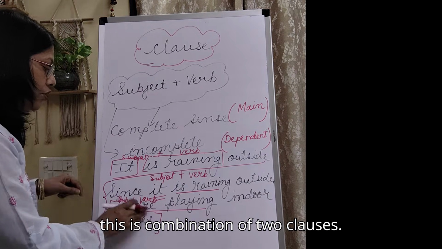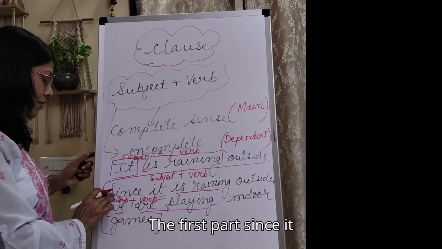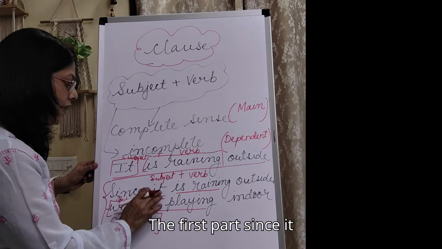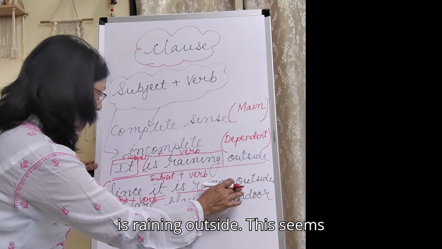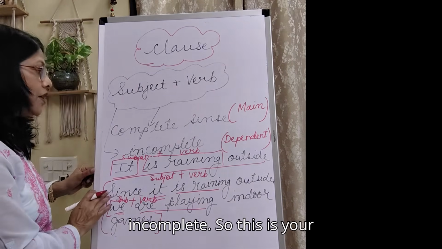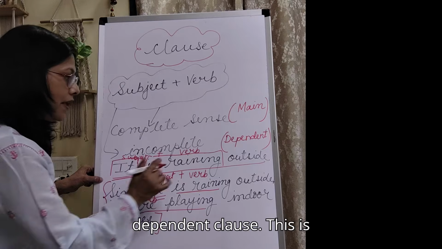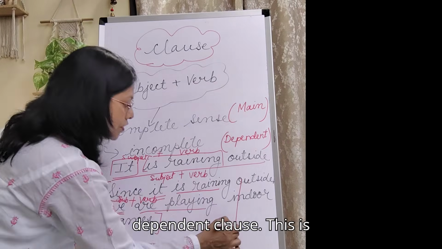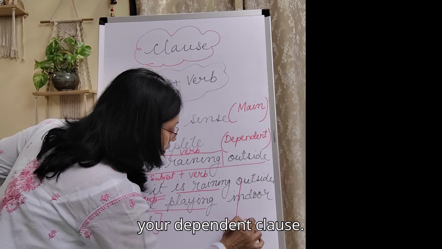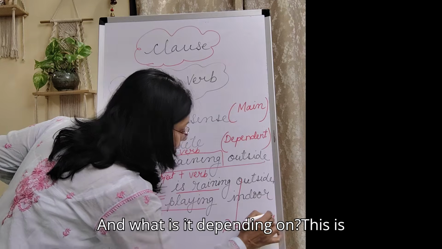So this is a combination of two clauses. The first part, since it is raining outside, seems incomplete. So this is your dependent clause. And what is it depending on?